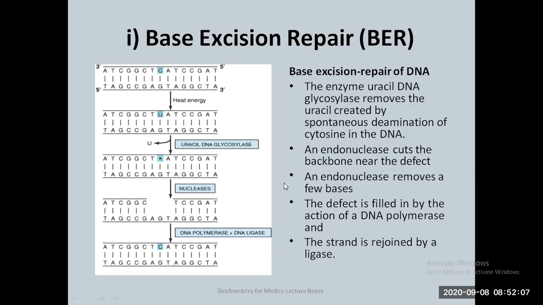So this is how the base excision repair works. Very simple example and a very simple process. So only 3 enzymes, 4 enzymes are involved. Mainly in the last step, DNA polymerase and DNA ligase are the very common ones, and the nucleases cut the DNA.